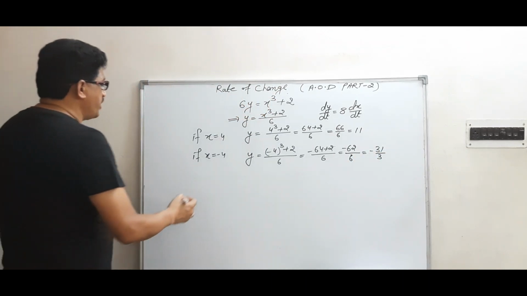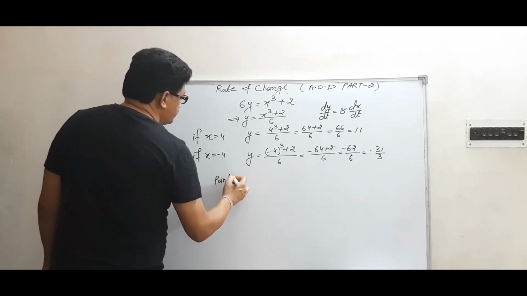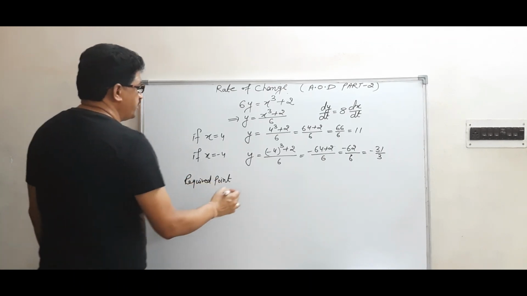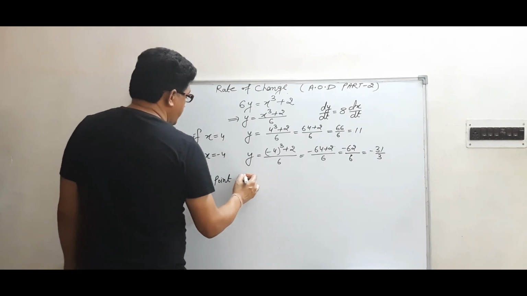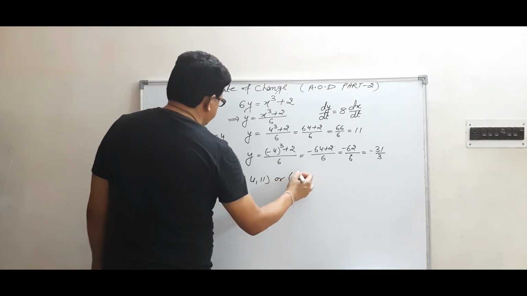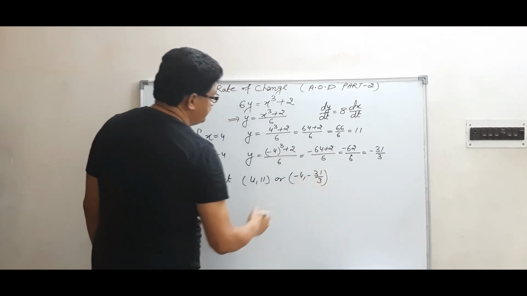So required point on the curve is 4, 11 or minus 4, minus 31 by 3.